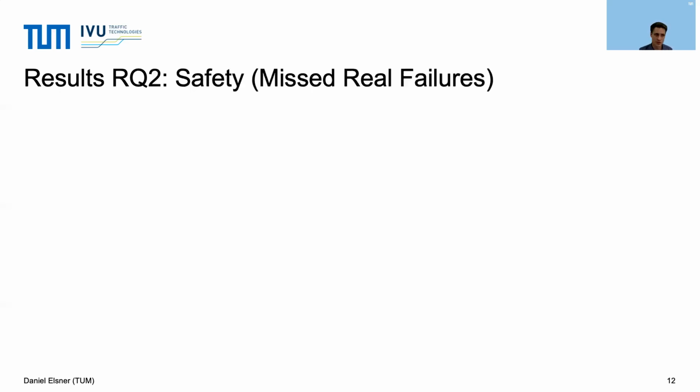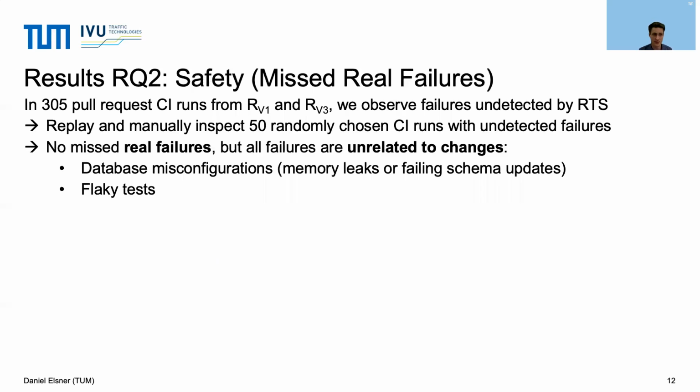For research question 2, regarding any missed failures, we looked at the 305 pull request CI runs where we actually observe failures that are undetected by our RTS. And we can figure that out because we still have the retest all information for these 2 branches. We then replay and manually inspect 50 randomly chosen CI runs with those undetected failures.